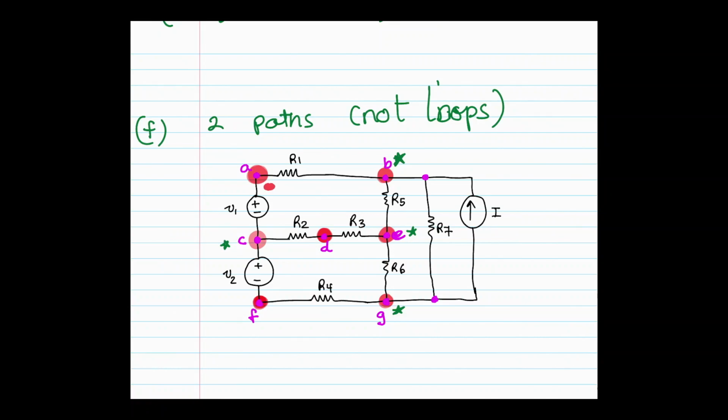But it begins somewhere and it ends somewhere. It's not an essential branch because it does not connect two essential nodes. One node is A and the other node is G. So this path R1, R5, R6 certainly is a path, but it is neither a loop nor an essential branch. So that's one we identify.